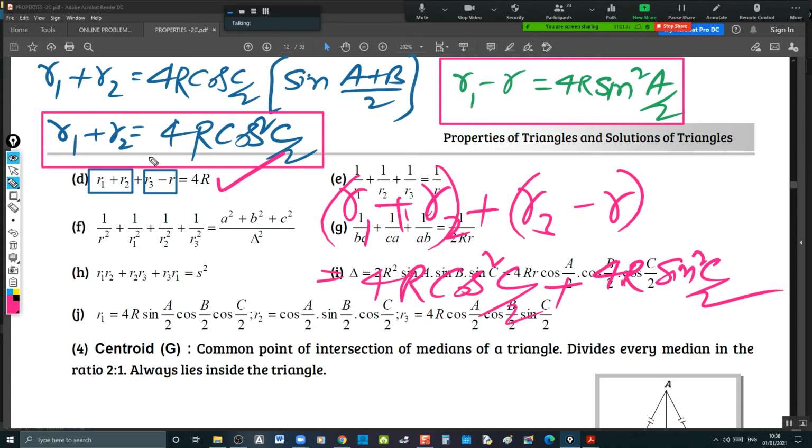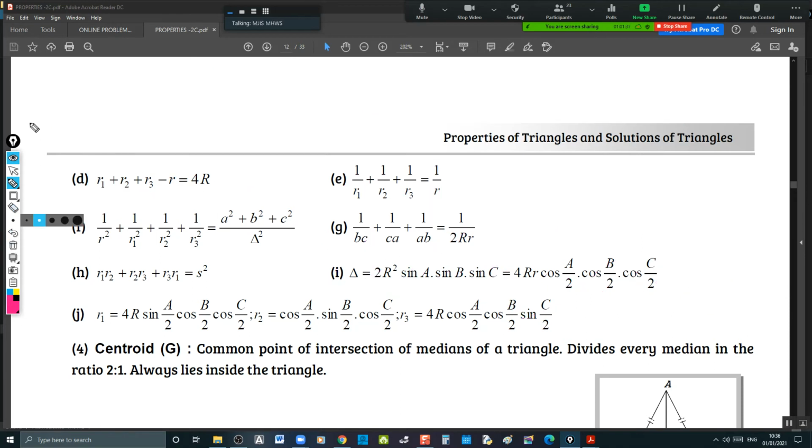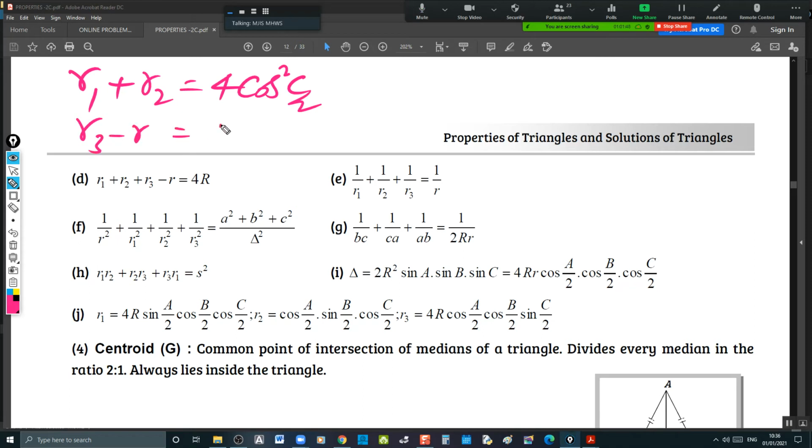If it is remembered, finally, what is it that I wrote? R1 plus R2 is 4R cos square C by 2. R3 minus R is 4R sine square C by 2. That's it.